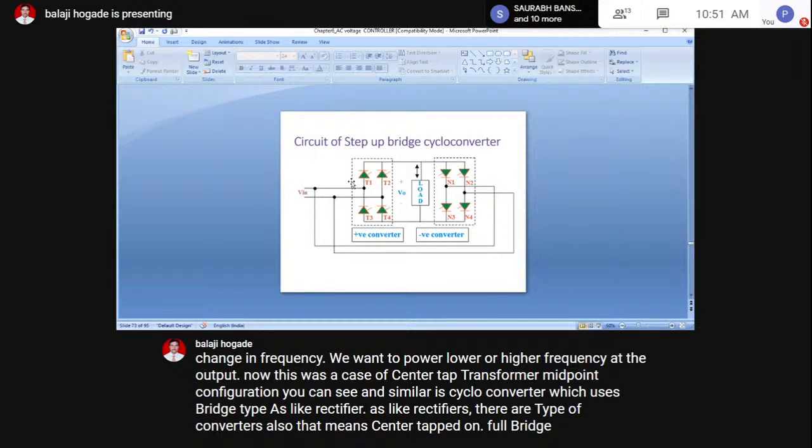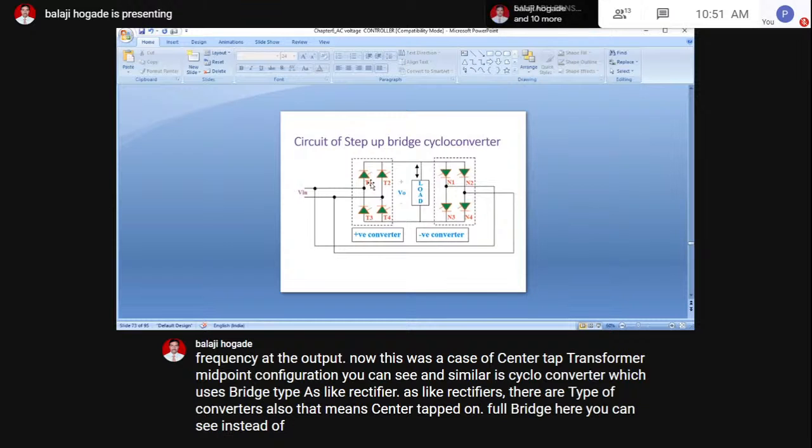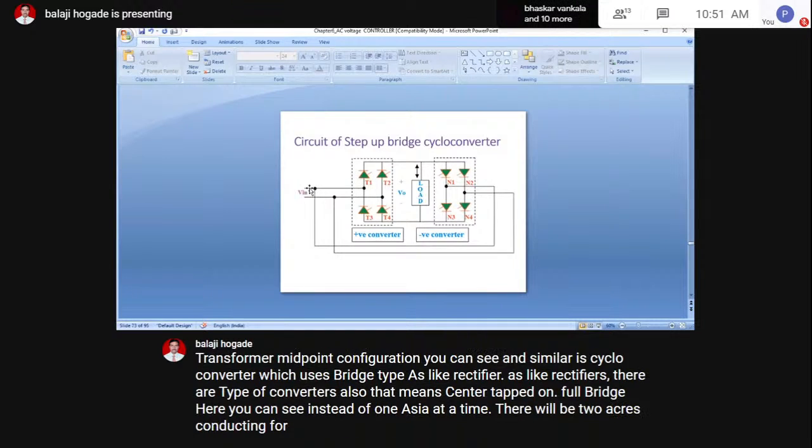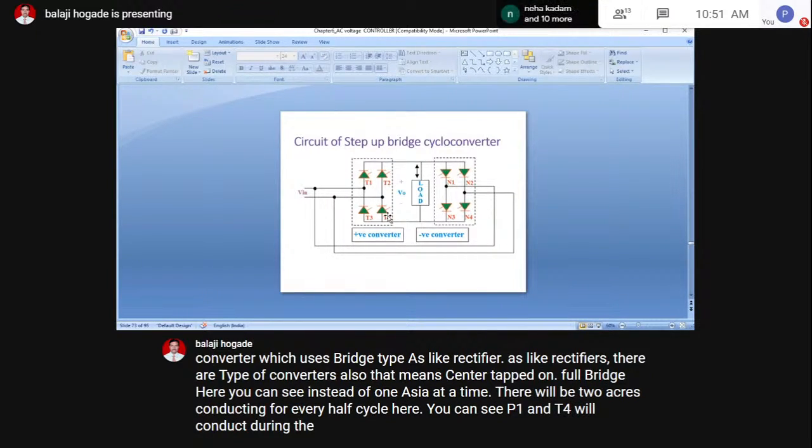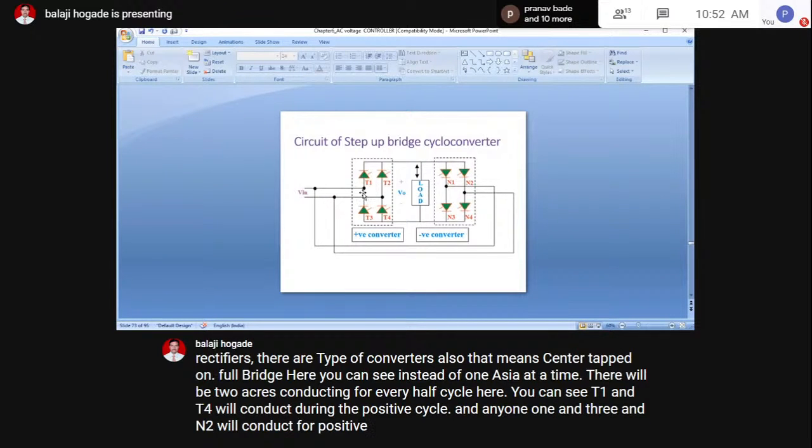Here you can see instead of one SCR at a time, there will be 2 SCRs conducting for every half cycle. Here you can see T1 and T4 will conduct during the positive half cycle, and N3 and N2 will conduct for the negative half cycle.